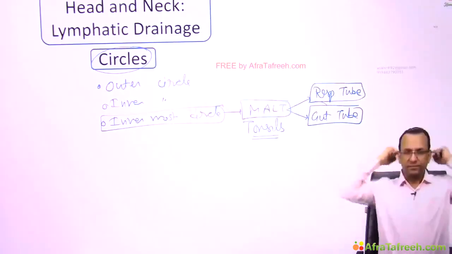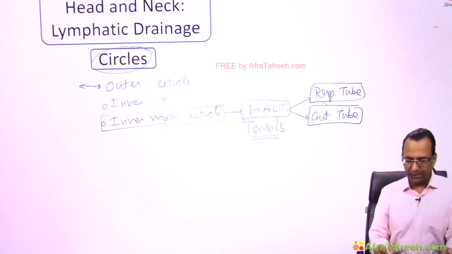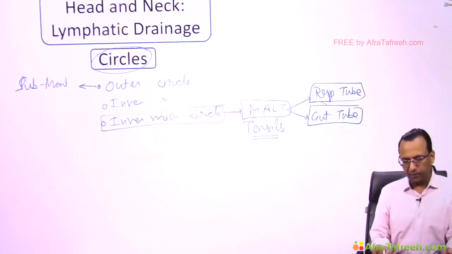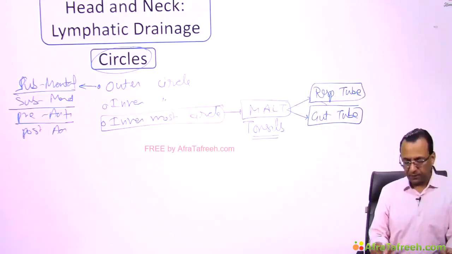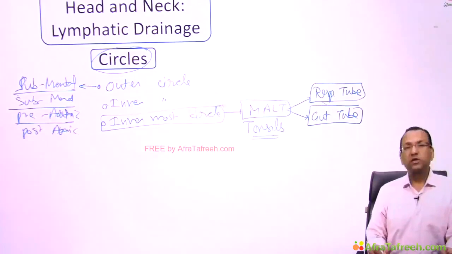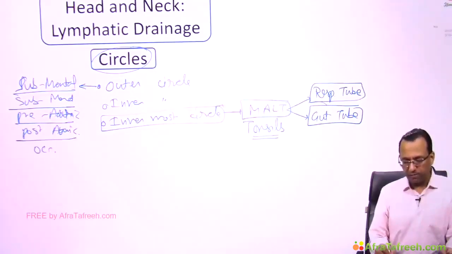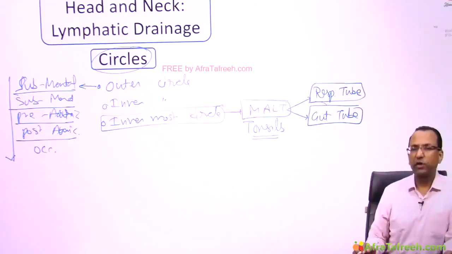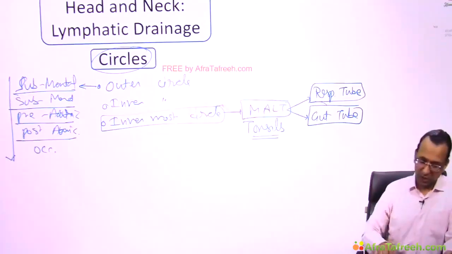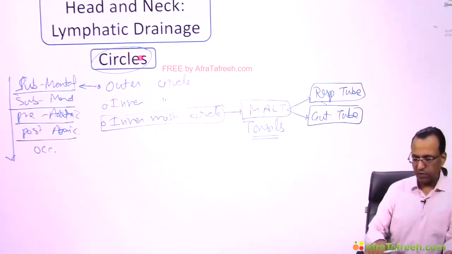Submental is under the mentum of the mandible, then submandibular, pre-auricular, post-auricular. What about the occipital? So they will be making a circle, the outer circle, which we will draw in a diagram.